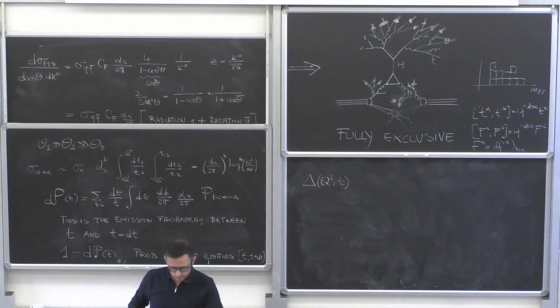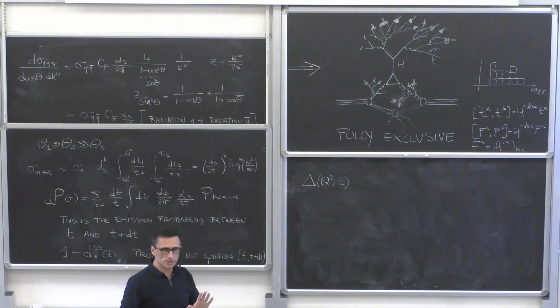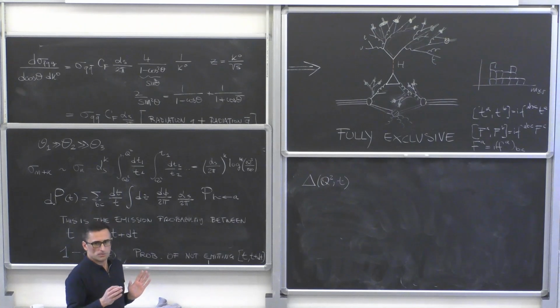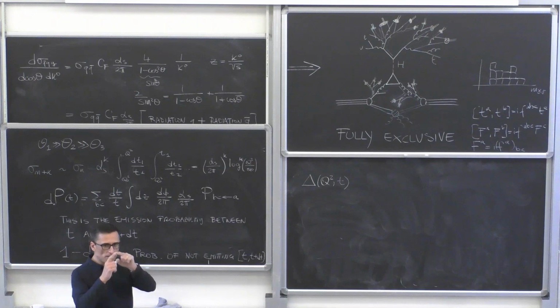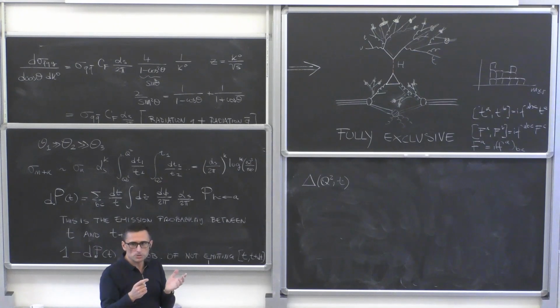Before I go on with the formulas, let's stop one second, otherwise we don't understand. You should have asked, what does it mean to go from high virtuality to a lower virtuality without emitting?